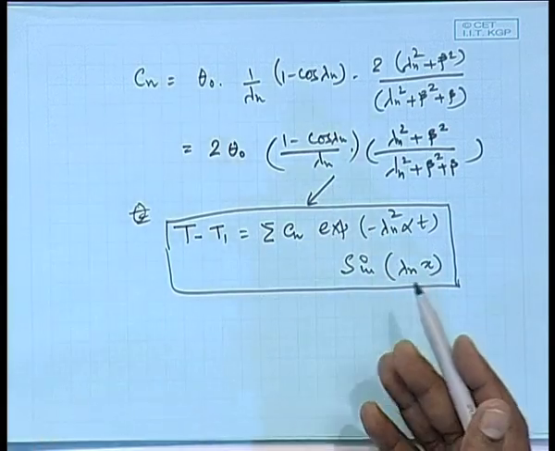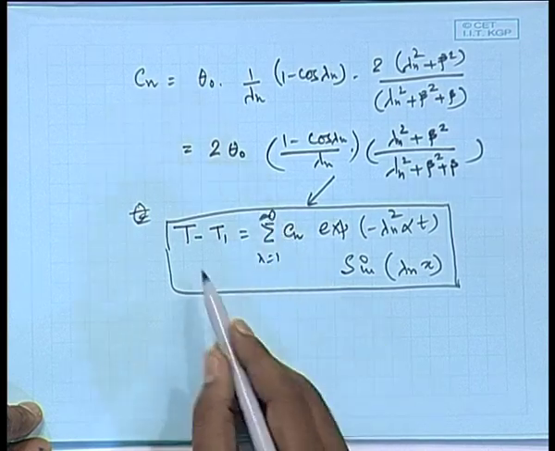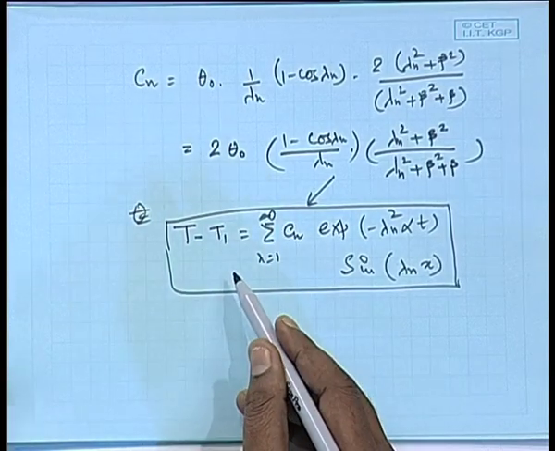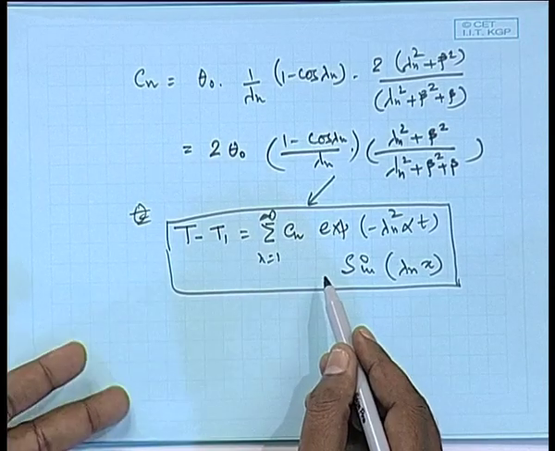So, again you take the first 5 eigenvalues, evaluate this summation series and get the profile of t as a function of x for a particular time, or for a particular location get t as a function of x, or for a particular x and t combination you will be getting a local value.